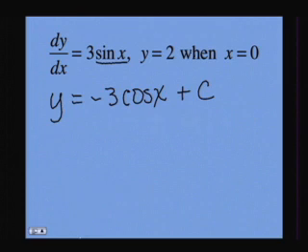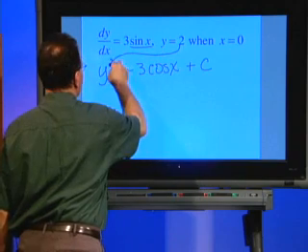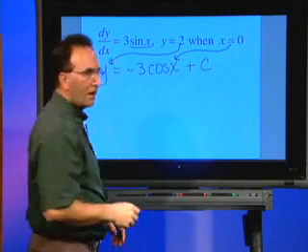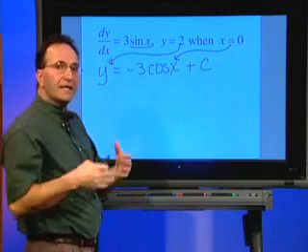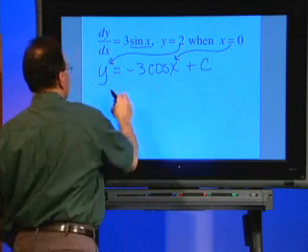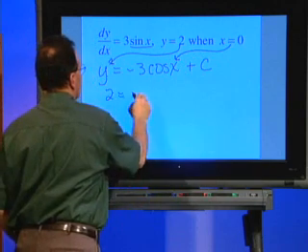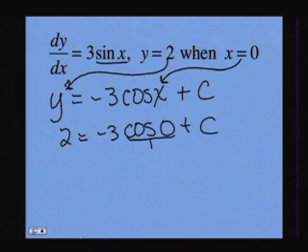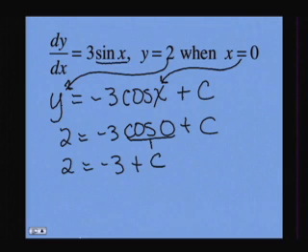And what we know is y is equal to 2 when x is equal to 0. So what we have then is substituting those in, 2 equals negative 3 times the cosine of 0 plus c. The cosine of 0, remember, is 1. So what we have is 2 equals negative 3 plus c.